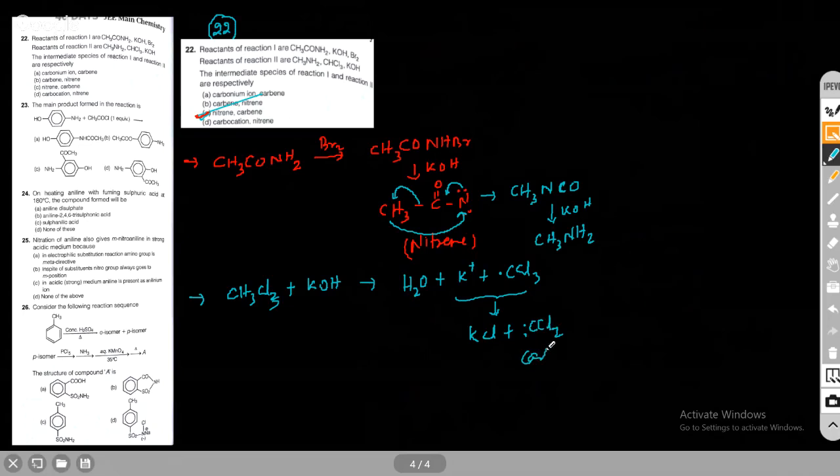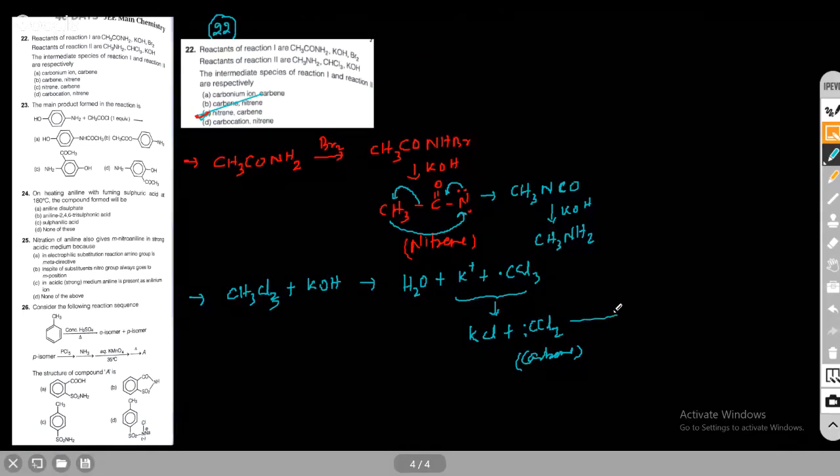This is nothing but carbene, CH2 or CCl2, carbene. Okay, now when this reacts with CH3NH2, this reaction also you should know, CH3NH2 will give isocyanide, CH3NC. Slight difference we have here, but this reaction is important when we get amines like this, when we get isocyanide like this. Okay, so the answer is option C.